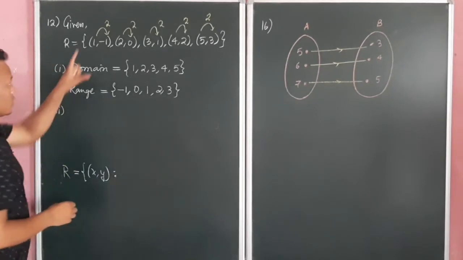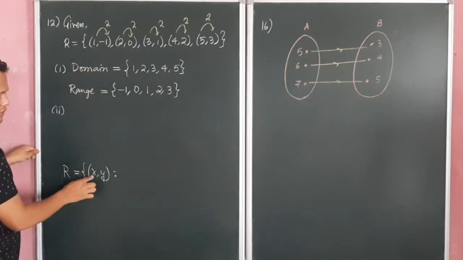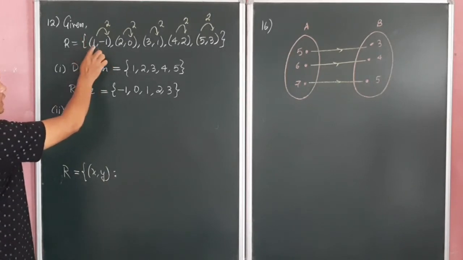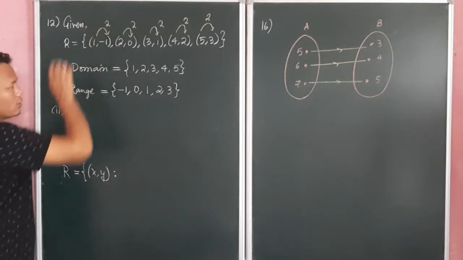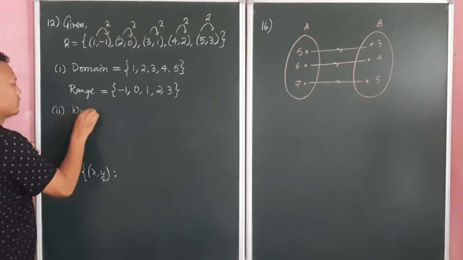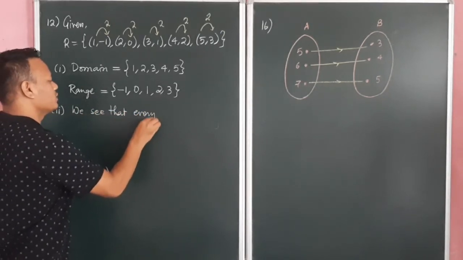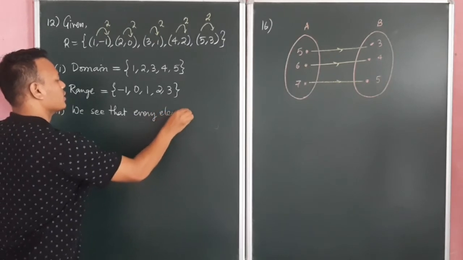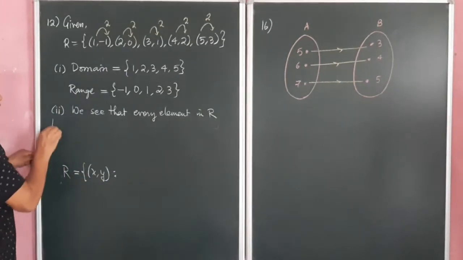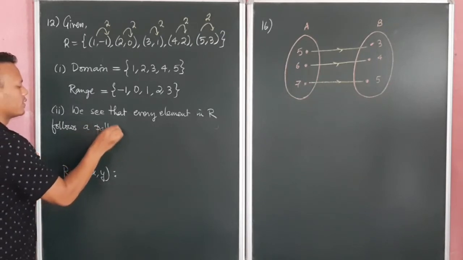Alright, so the relationship between x and y, see the first element is x and the second element is y, isn't it? So we see that x minus y is giving me 2, isn't it? Okay, so we see that every element in R, that is this relation, follows a pattern, isn't it?